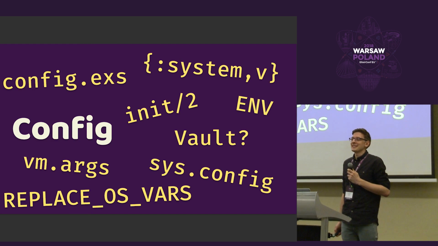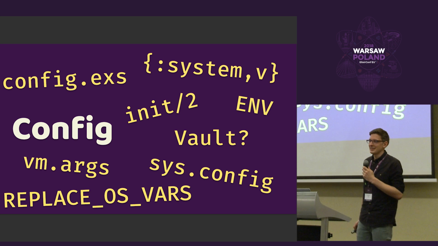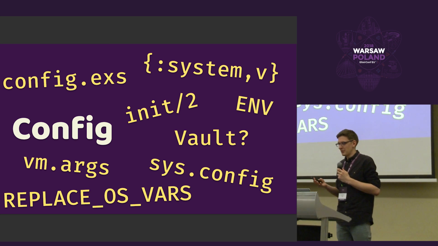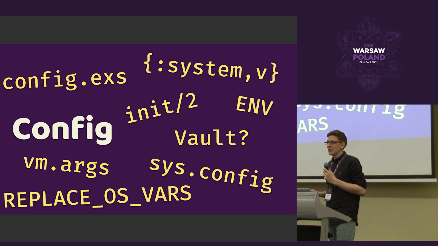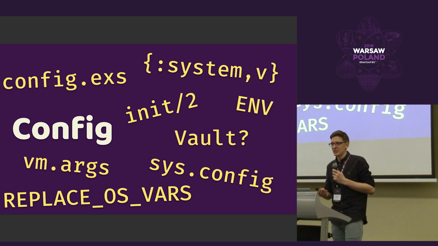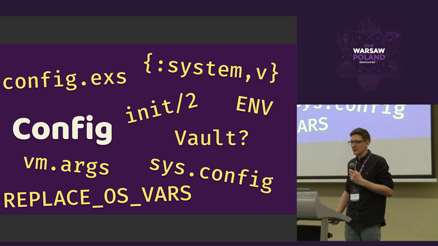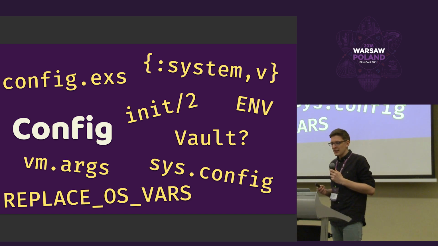Now, configuration, sadly, is a bit of a mess right now. You have so many different ways of making configuration available to your dependencies, and many different dependencies have many different ways of consuming that configuration.